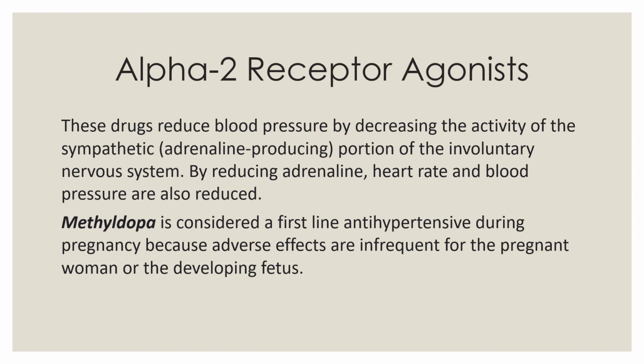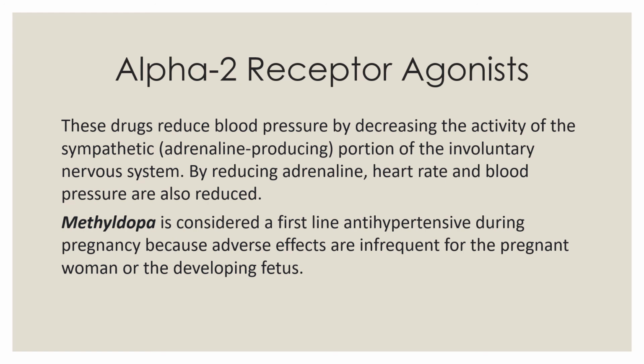Alpha 2 receptor antagonists, these drugs decrease the effects of adrenaline on the sympathetic nervous system. And so by decreasing that adrenaline, we turn the response of the sympathetic nervous system down, such as lowered heart rate and lowered blood pressure.